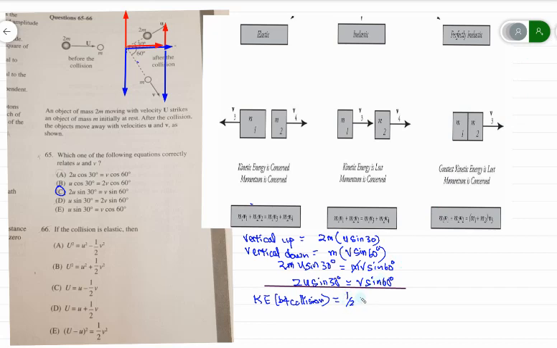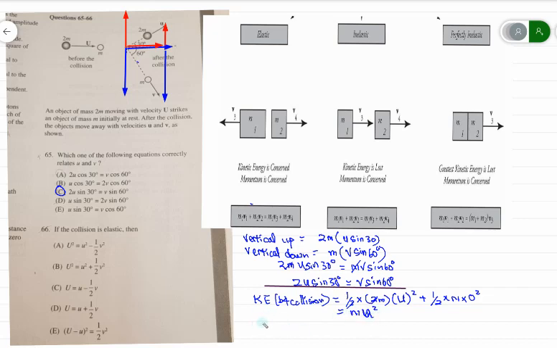Before the collision is equal to half times the mass 2m, the velocity is U squared, plus half this m, but the speed is 0. So you cancel off, and you get m U squared, the big U squared.